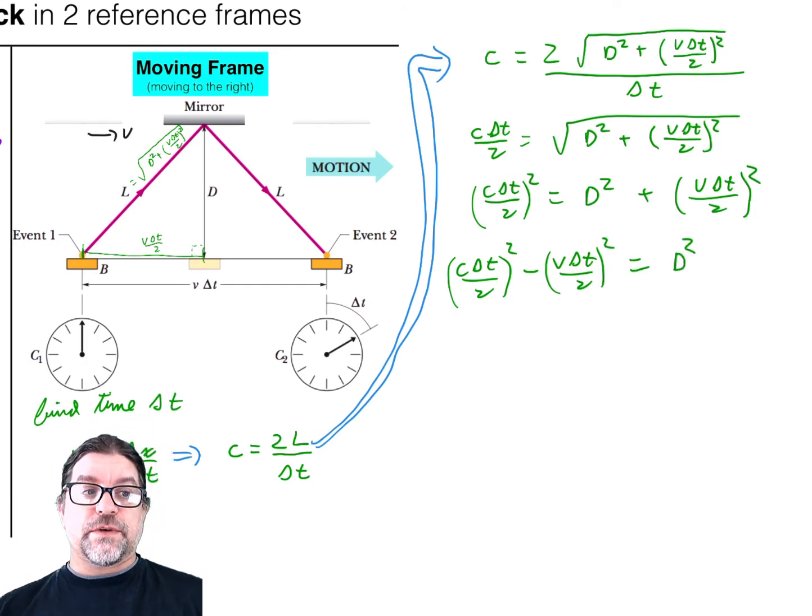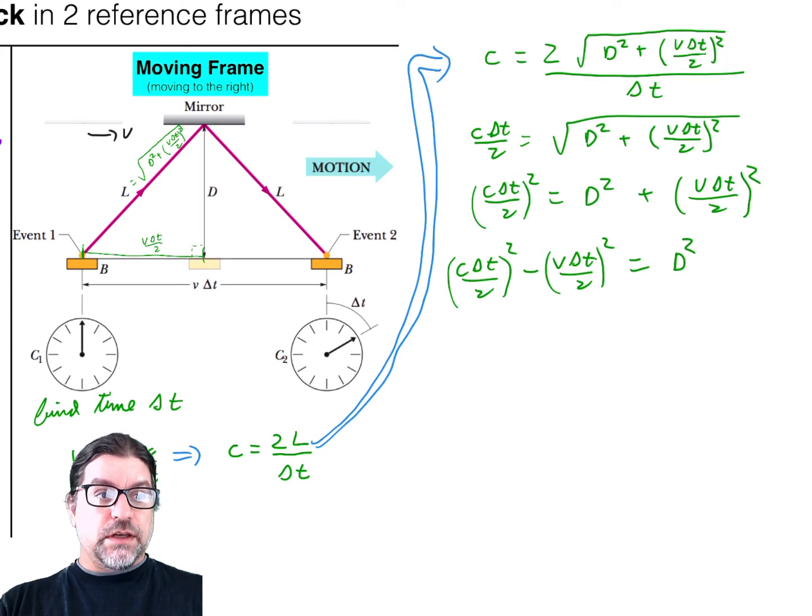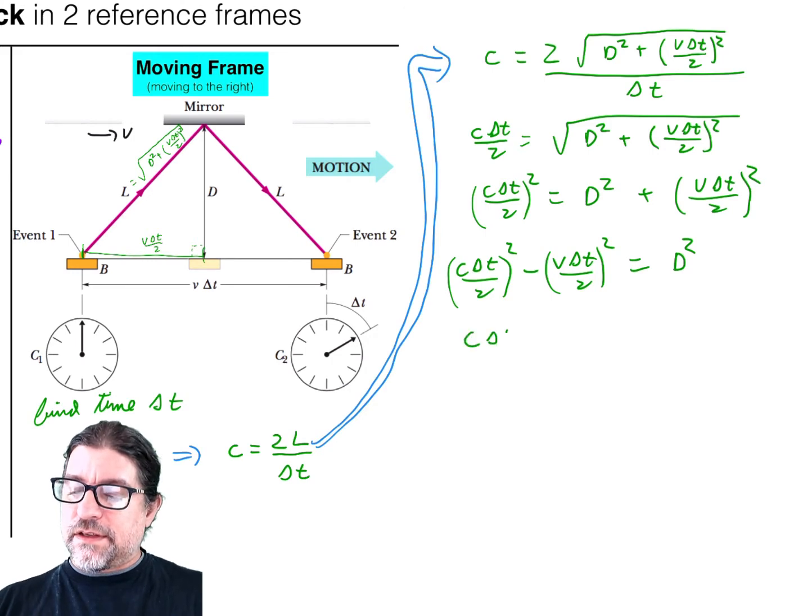So what do we do next? Well, let's factor out a couple of things from those two terms so we can isolate the delta t. I'm going to factor out c delta t over 2 squared from both terms.